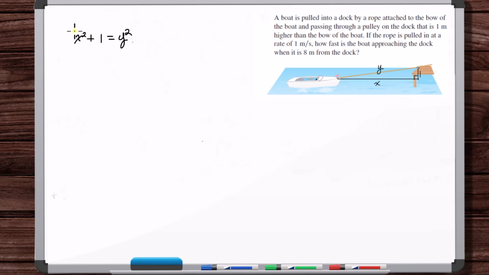Now we just need to differentiate this with respect to time, because x and y are both related to the same independent variable, time. So d dt of x squared, x is a function of t.